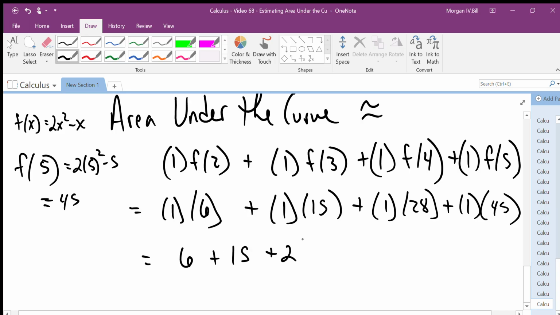So we get 6 plus 15 plus 28 plus 45. That looks to be, let's see, 15, 45, 60, 88, 94, I believe, is our overestimation.